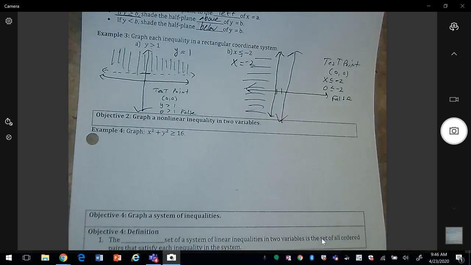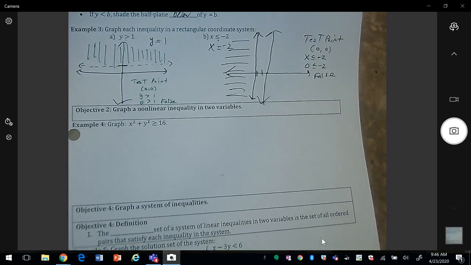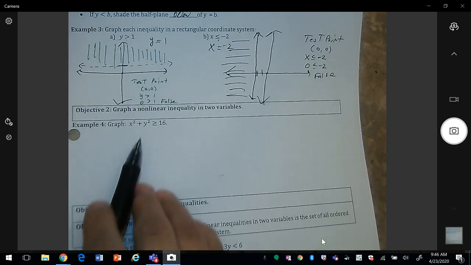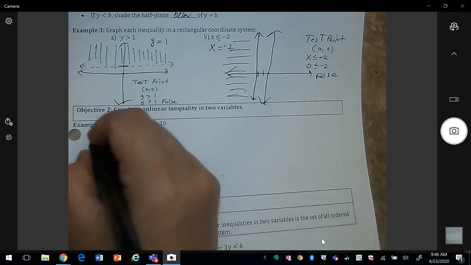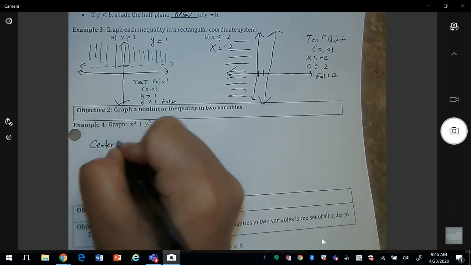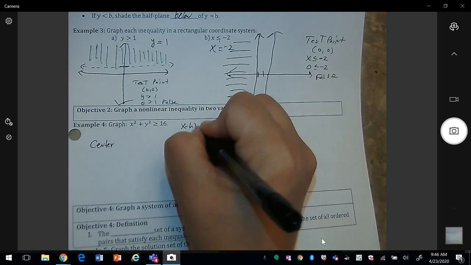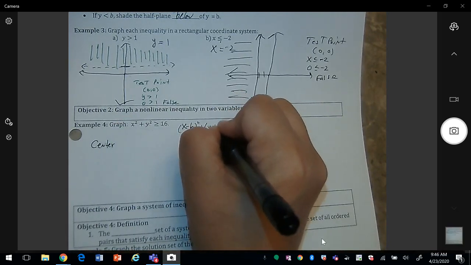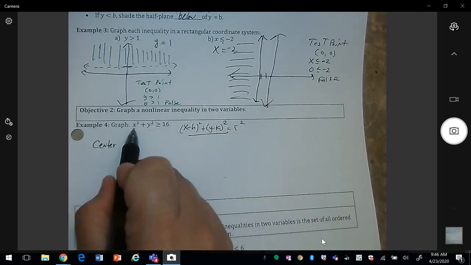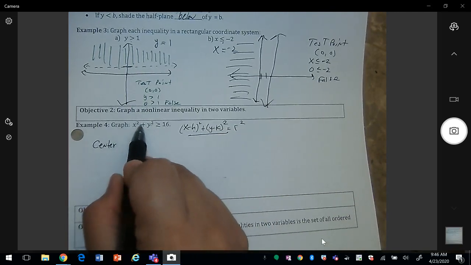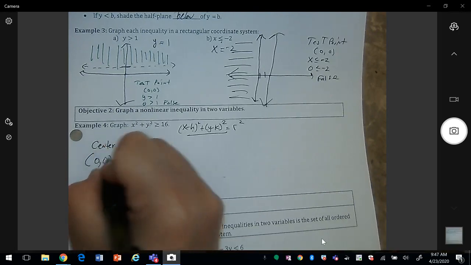The next example is an inequality of a nonlinear. It's a nonlinear inequality. So we know that this is a circle. So if we want to graph this, the center of the circle, remember our general form of a circle is this here. So since I have no h and k in here, then our center is 0, 0.